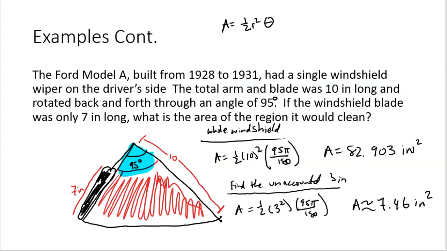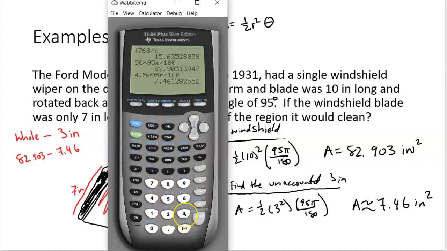So basically what I want to figure out is the 7 inches. You take your whole windshield and minus the 3 inches from it. So we take the 82.903 and subtract 7.46, and that should be the remaining sector area. 82.903 minus 7.46 gives a grand total of 75.443.